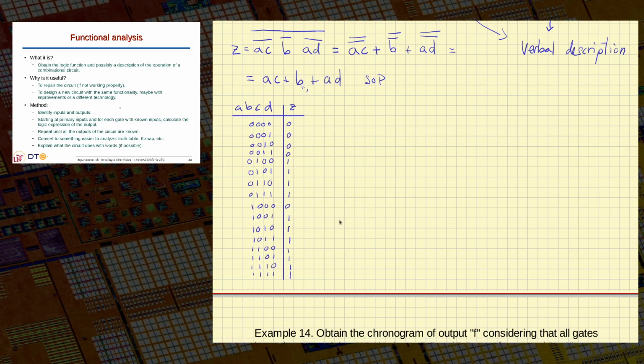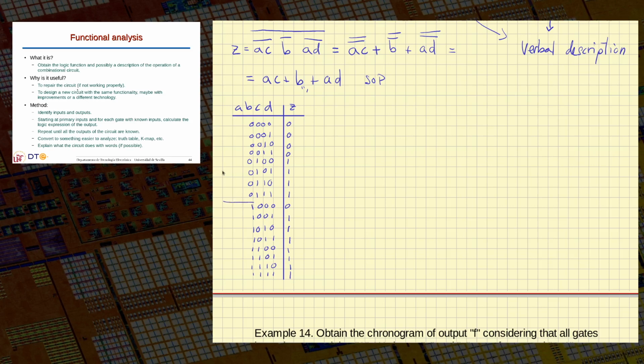From the truth table, I can try to find a verbal description of what my circuit does. Okay, so remember that A is the alarm connection switch. So from here can divide the map.